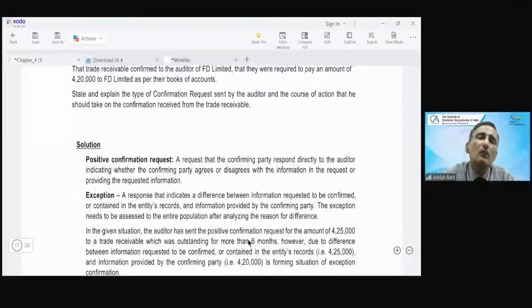There is a deviation, there is an exception. So you would write that there is an exception, a response which is different between the information requested in the entity's record and the information provided. Now what the auditor has to do, he would have to analyze the difference, and he would see whether it needs to be extrapolated to the whole of the population.